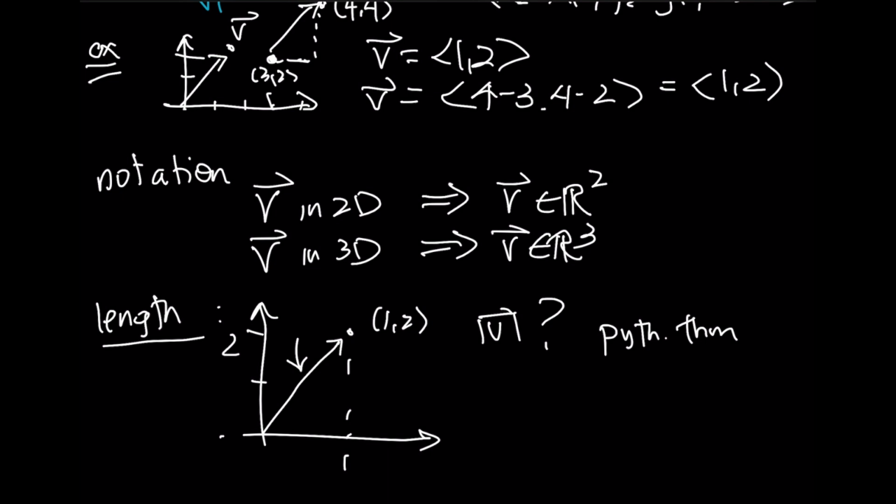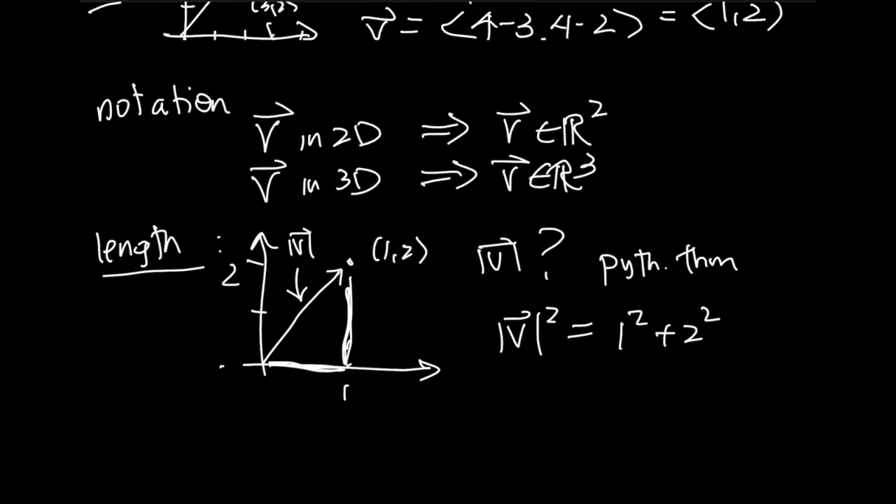And the length is equal to the hypotenuse here. And the length of the vector squared should be this bottom length, which is 1 squared, plus this top length, which is 2 squared. And that means I'm going to get a 5. The length, I would take the square root of both sides.